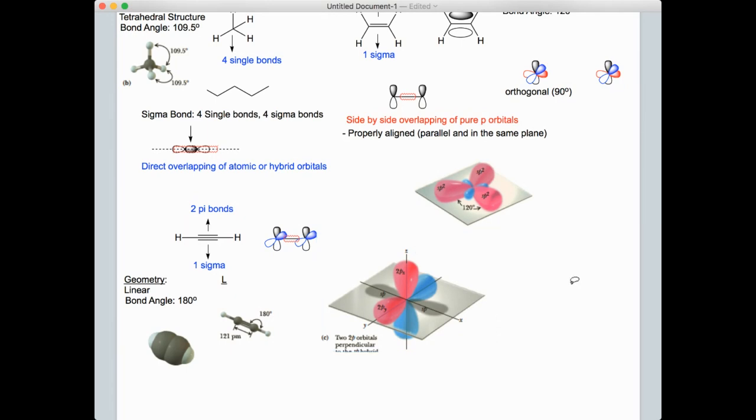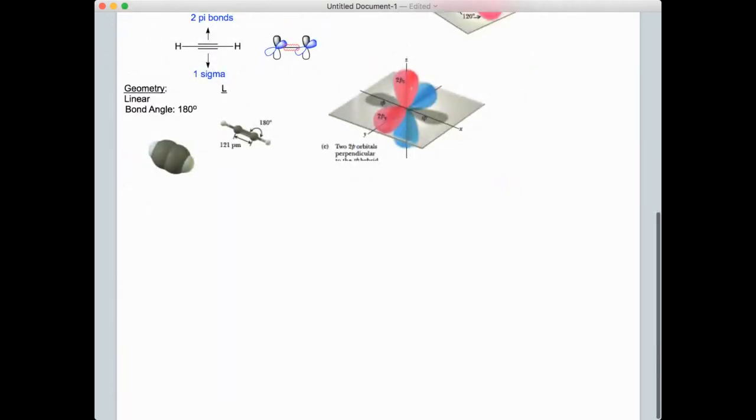And in order to understand that, we're going to look at what we call valence bond theory. So here is the electronic distribution for carbon.